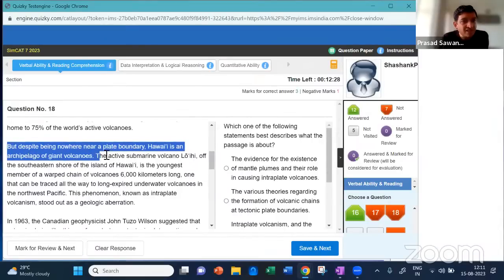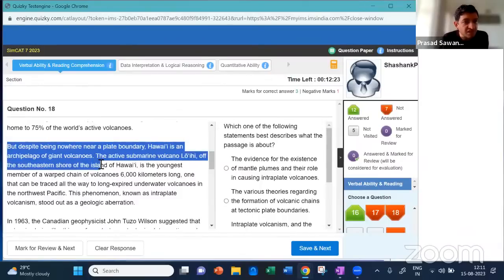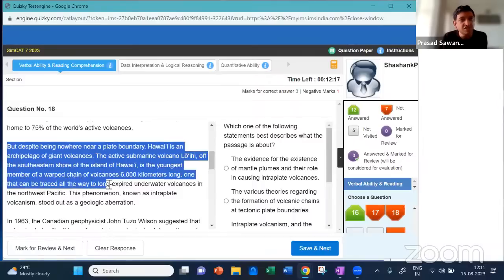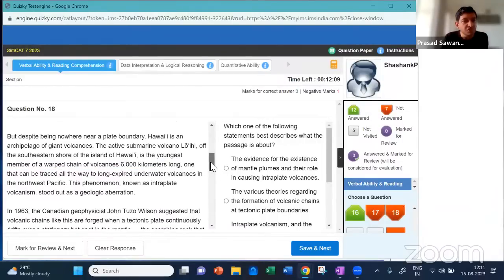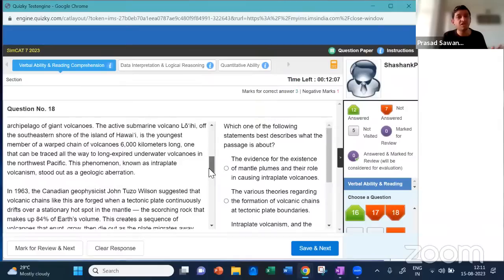But despite being nowhere near a plate boundary, Hawaii is an archipelago of giant volcanoes. Okay, it's not near a plate boundary, but still it has volcanoes. Active submarine volcano Loihi off the southeastern shore of the island of Hawaii, the youngest member, in a chain 6,000 kilometers long. This phenomenon, known as intraplate volcanism, is a geologic aberration. So on the same plate there is a volcano, it's an aberration.